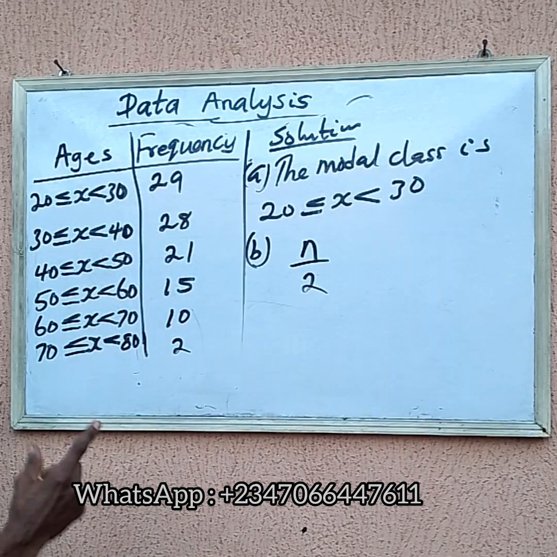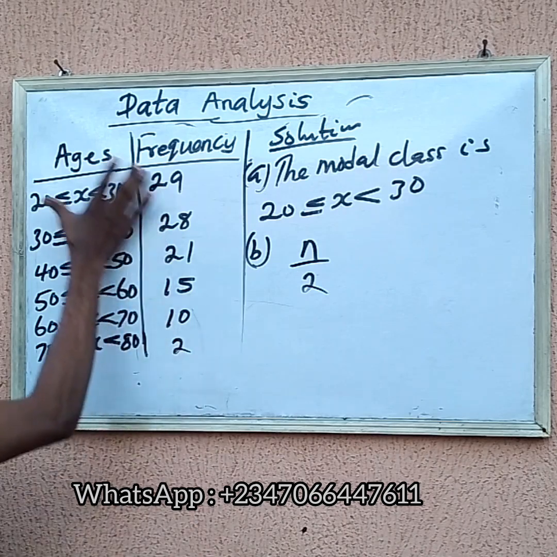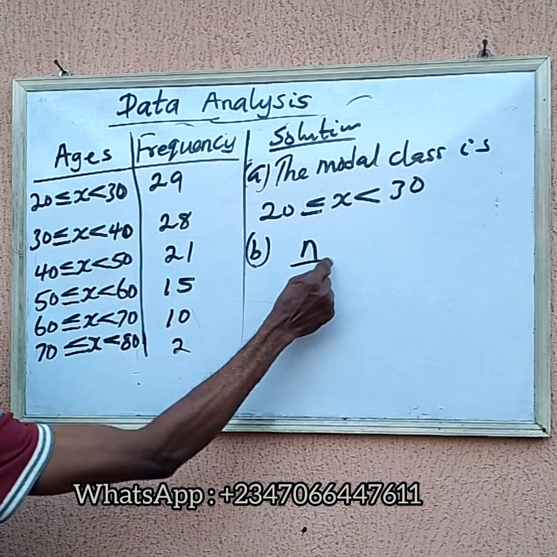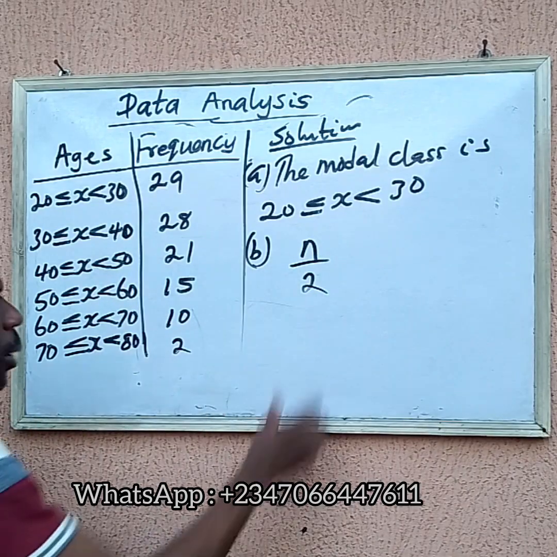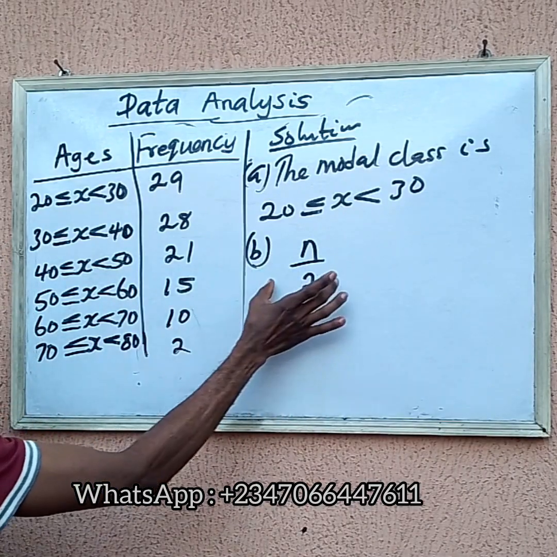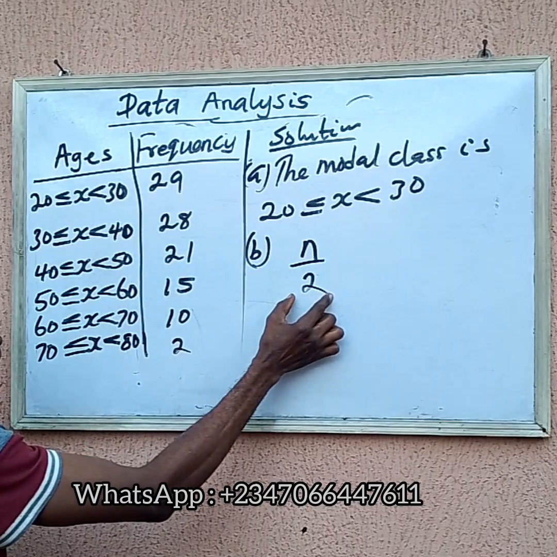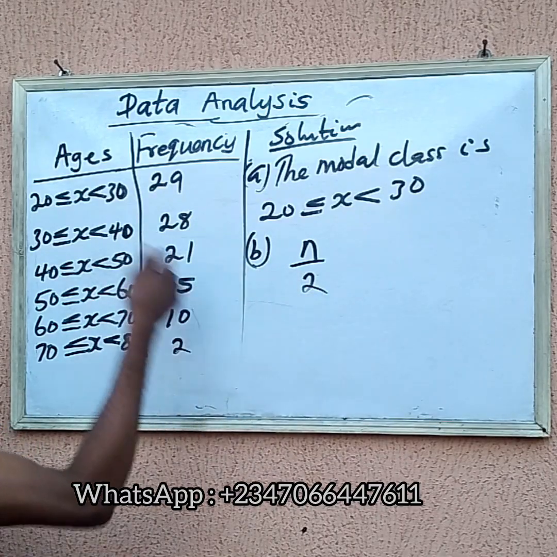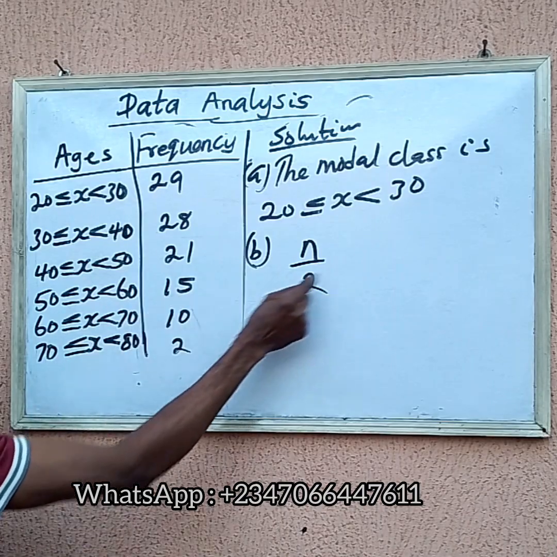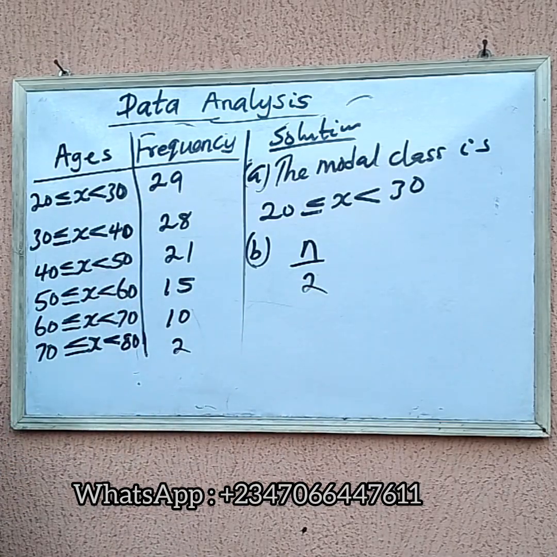You divide the sum of the whole frequency by 2. The class whose cumulative frequency exceeds this will give us the median class.